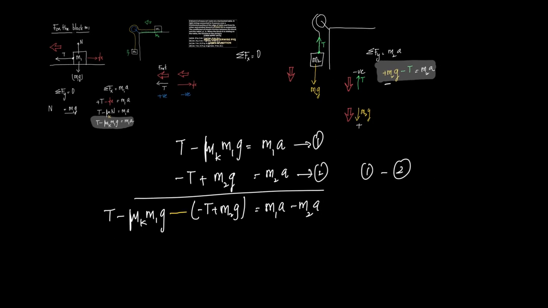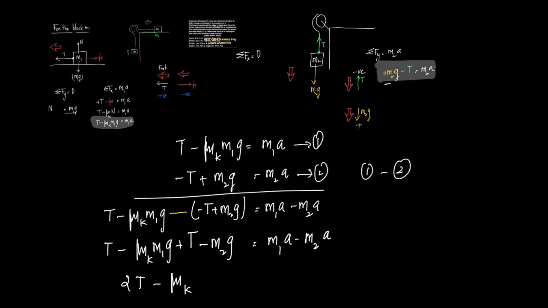Minus into minus is plus, so we have plus T minus m2g is equal to m1a minus m2a. Now T plus T is 2T. So what we get is 2T minus mu k into m1g minus m2g is equal to m1a minus m2a.